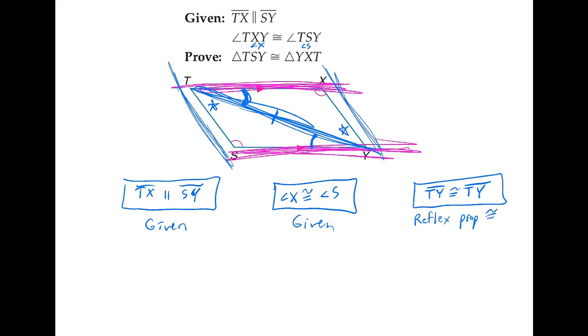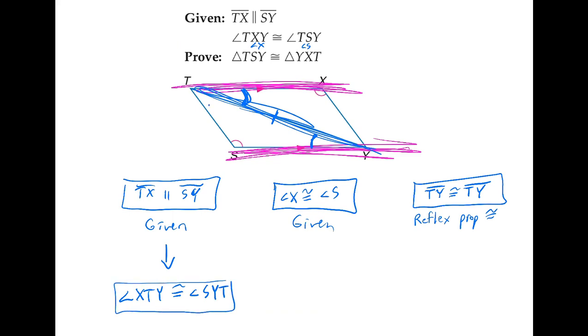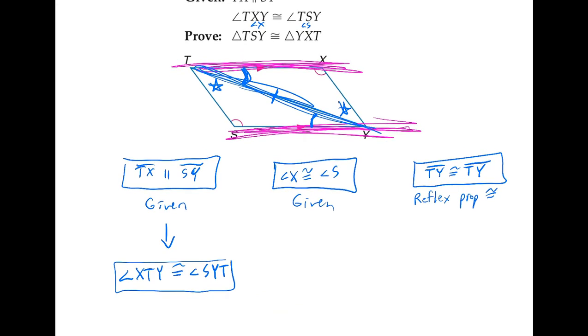So we don't know that those two sides are parallel, so we know nothing about the starred angles in terms of are they congruent or not. But we do know that angle XTY must be congruent to angle SYT. That is what these parallel lines tell us. They tell us nothing about these two starred angles, because we don't know that those sides TS and XY are parallel.